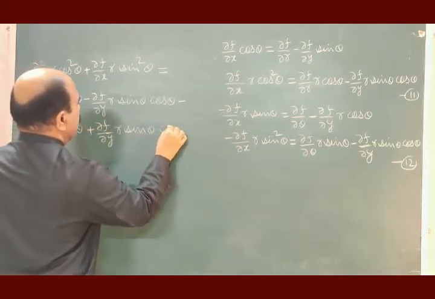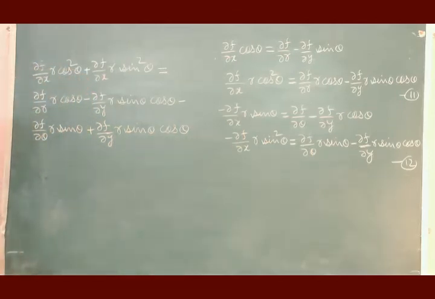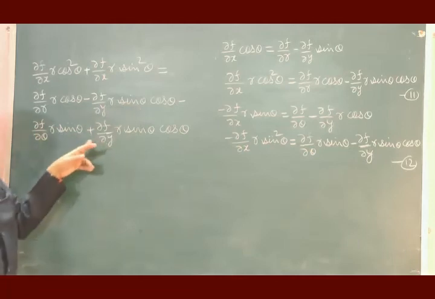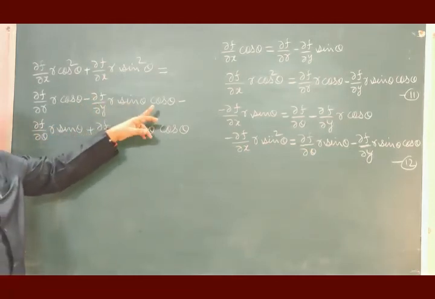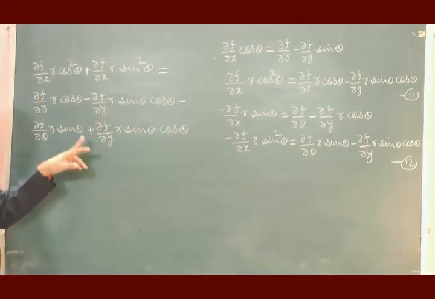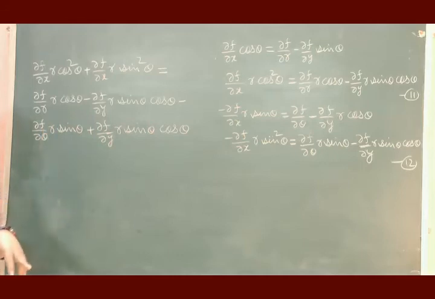Now consider this term and this term: dou f by dou y r sin theta cos theta with minus sign, plus dou f by dou y r sin theta cos theta with plus sign.